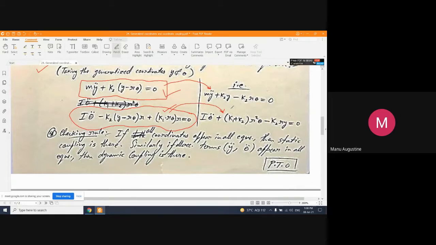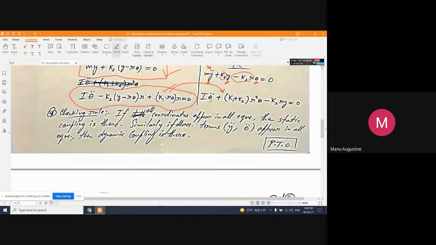Basically, what we are trying to do is write the acceleration term, the first variable with its coefficient, and the second variable with its coefficient. Similarly here, the acceleration term, one variable with its coefficient and the other variable with its coefficient.